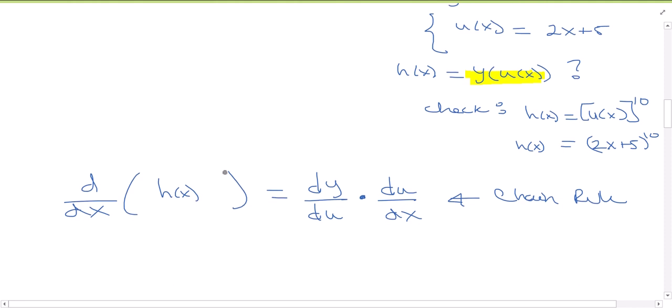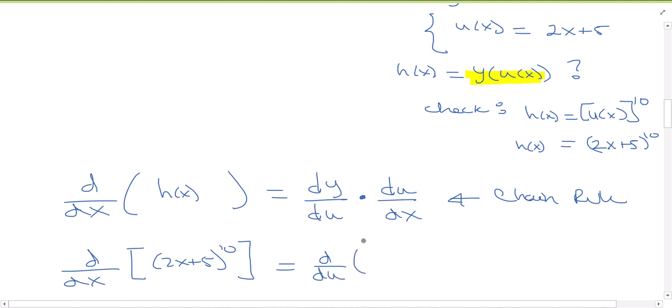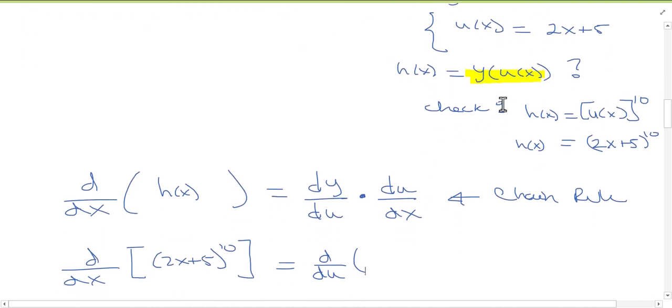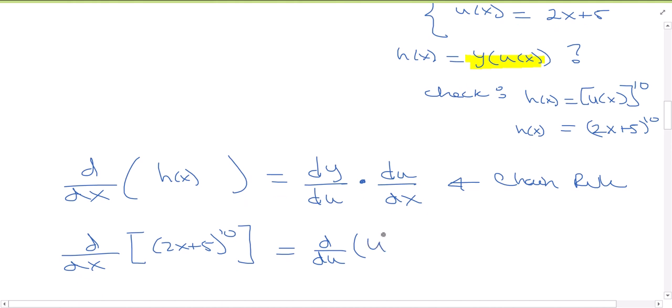So now breaking down this function, that means that the derivative of our function 2x plus 5 to the 10th is going to be the derivative of y with respect to u. So the derivative with respect to u of y, which is u to the 10th, times du dx, the derivative with respect to x of u, which is 2x plus 5.